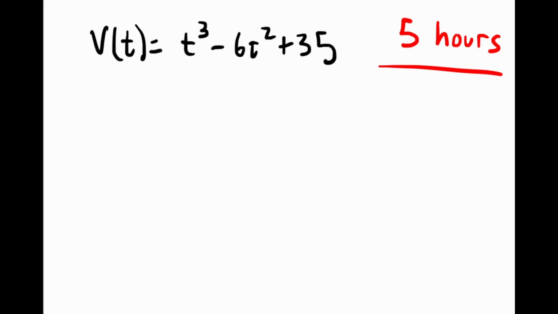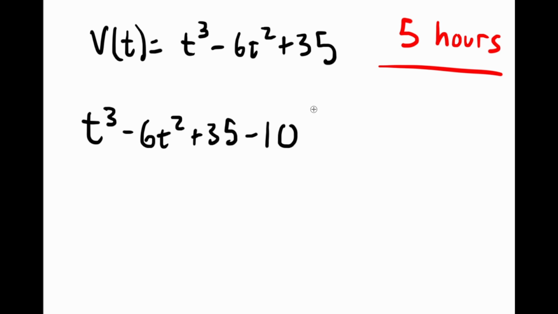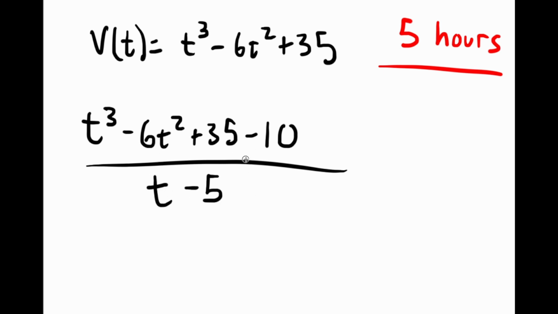All we would really have to do is write out the function. So it would basically look like t to the third minus 6t to the second plus 35 minus 10, because if you were to plug in 5 for t, then it would be equal to 10. Divide this by t minus 5. That's what it would turn into.